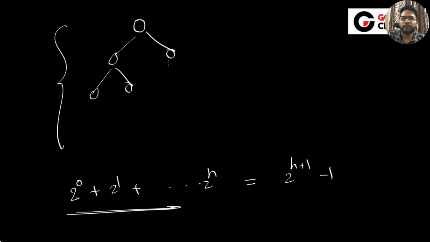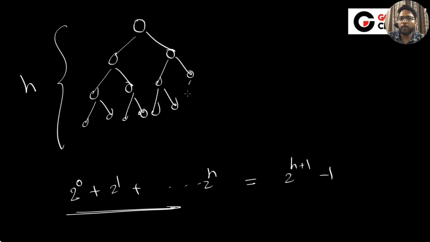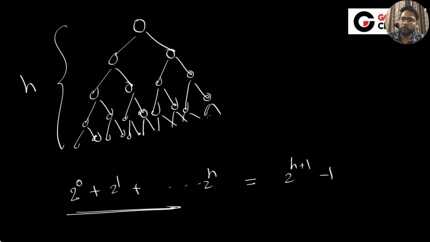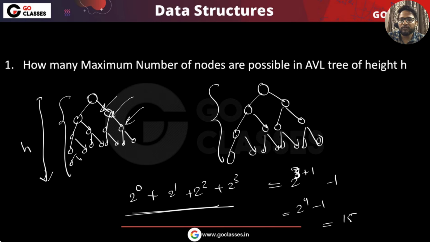You fill up all the levels, just like a perfect tree, because you want the maximum number of nodes. So the answer to this first question is very simple: 2 power h plus 1 minus 1.